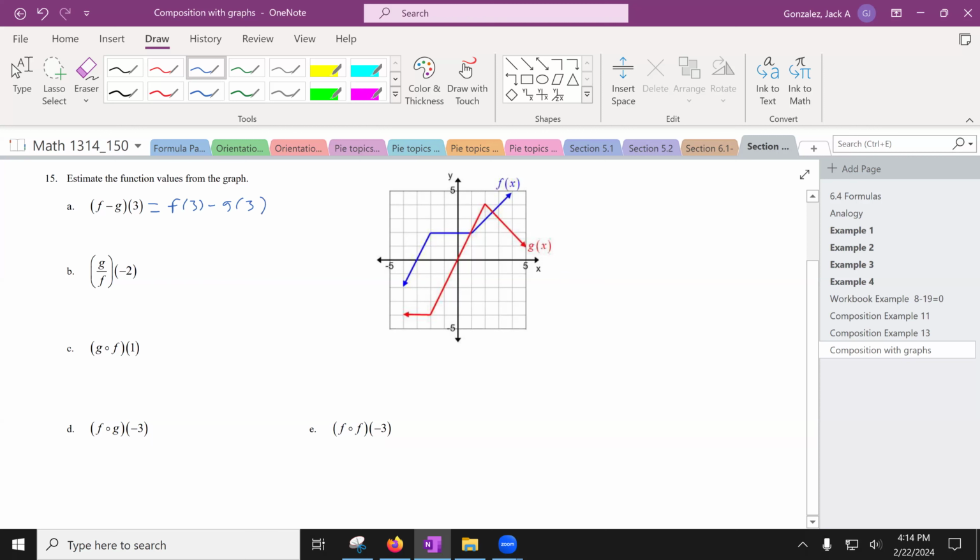So look at the graph, what's happening at 3 for F? Instead of plugging it in and doing all the algebra, just find it. Here's 3, there's 4, so this is actually 4. And what is G doing at 3? 1, 2, 3. Now, we said all this means is find the outputs and subtract them.